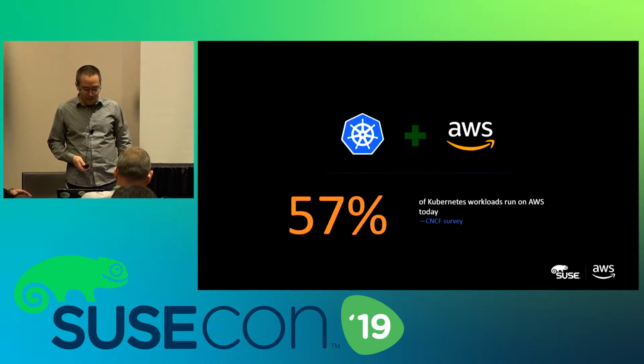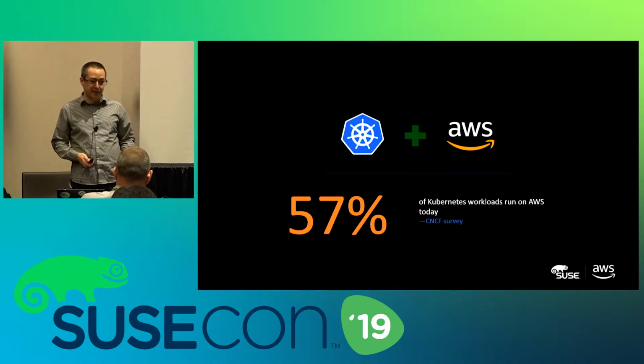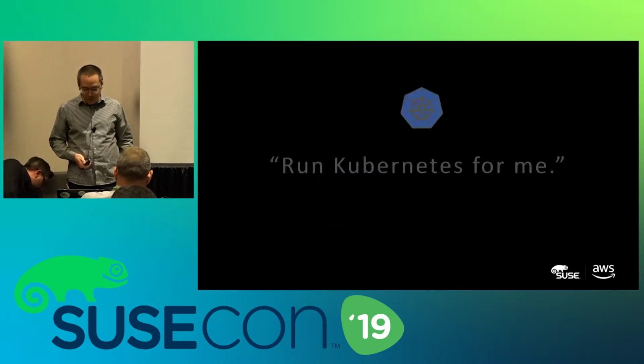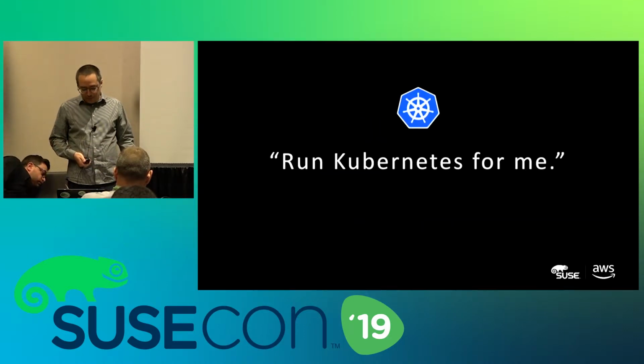A large volume of customers were running Kubernetes on EC2, and those customers came to us saying things like, running Kubernetes isn't trivial, and it's undifferentiated. We could spend our cycles doing things that bring more value to our business.